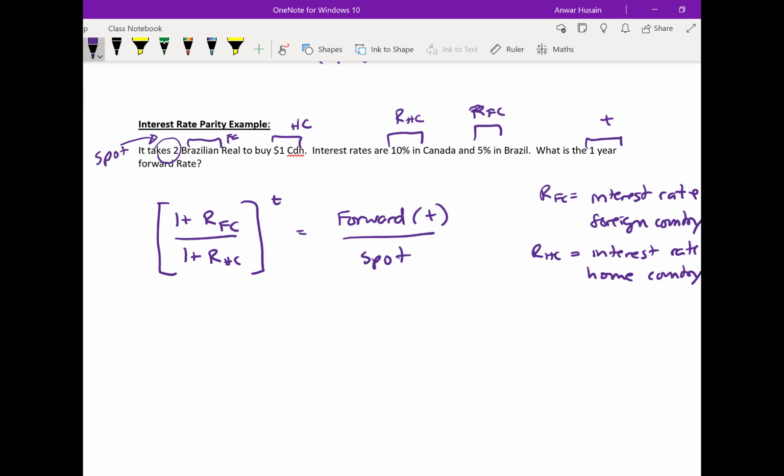So let's plug all of these in. 1 plus the foreign interest rate of 0.05 divided by 1 plus the home interest rate of 0.1, to the power of 1, because we're going only 1 year in the future, is equal to the forward rate at time 1 over the spot rate, which is 2.0.